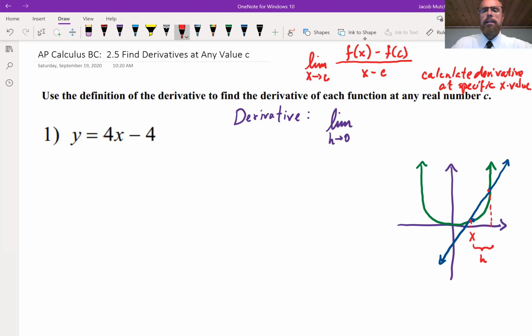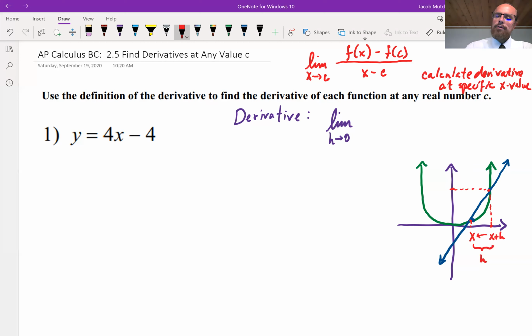We're saying we're going to limit that down to a distance of 0. So it's the same idea. We're going to let this right-hand point limit over towards the left one. We need to decide how to label that right-hand point. Well, if it's h to the right of the x value, we could label it as x plus h. We also need to figure out what would our y values be labeled as.